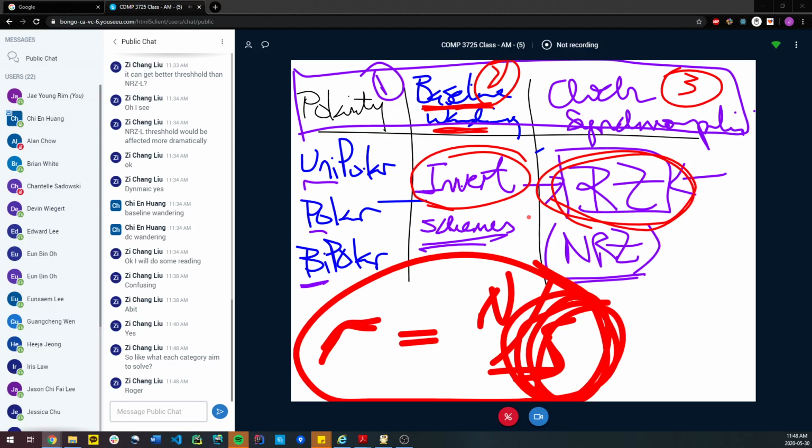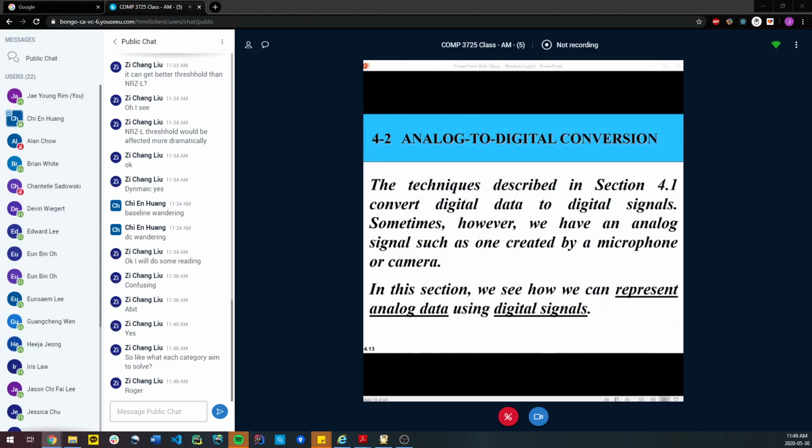Now I want to cover the last section in this module, which is really fun because you do this every day. It is called analog to digital conversion, also commonly known as pulse code modulation. What is this? It's simply going from analog to digital. Why do you do it every day? Because most of you use some kind of digital mobile device, like your tablets and mobile phones.